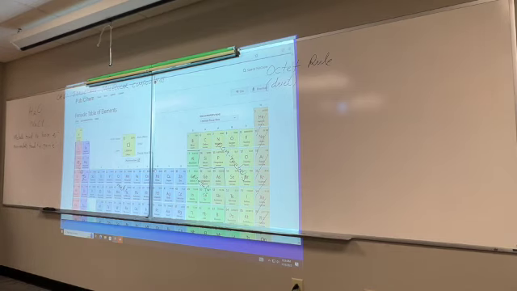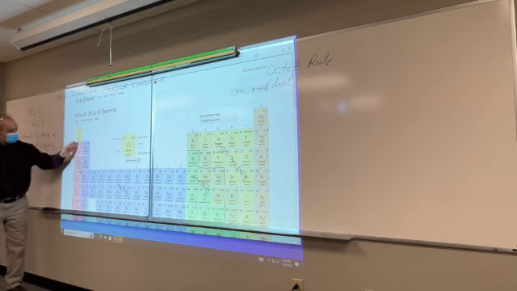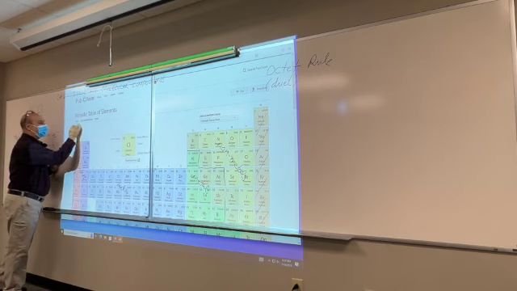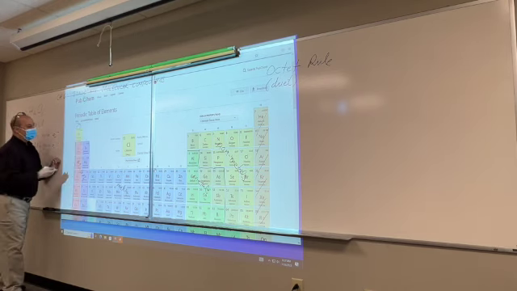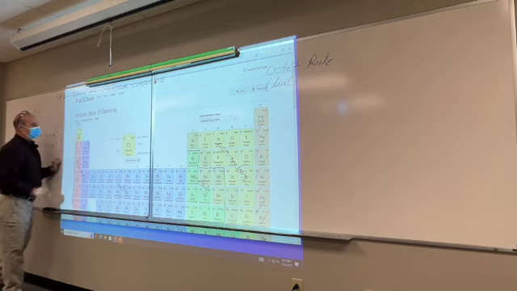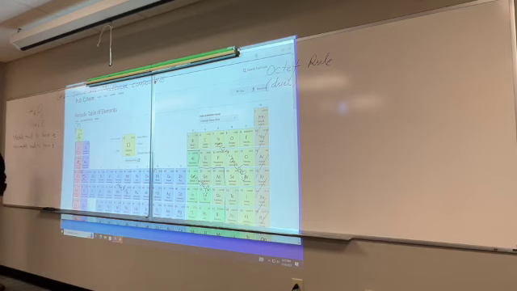So metals in group 1 for this course are always going to lose 1 electron. So the group number tells you how many electrons are going to be lost. So these are going to be losing 1 electron. 1 electron gone, if you will.